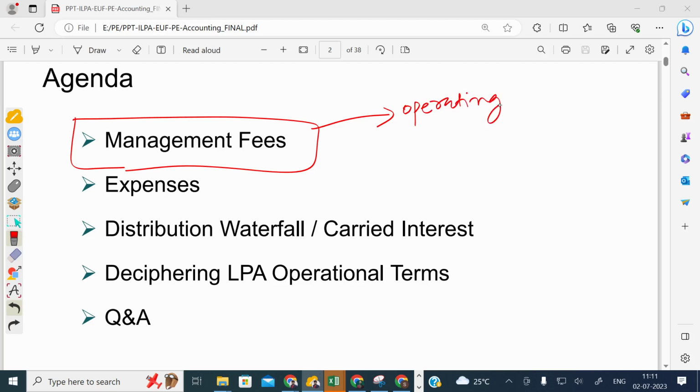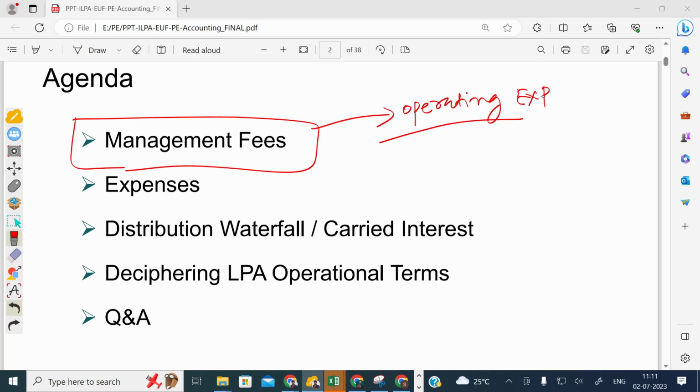Today's session would be very insightful and even essential for a private equity business. Management fees is an operating expense of the business. When we say operating, it means it's a mandate. So in every fund, there would be a provision for management fees. Without that, how can we operate the fund structure?